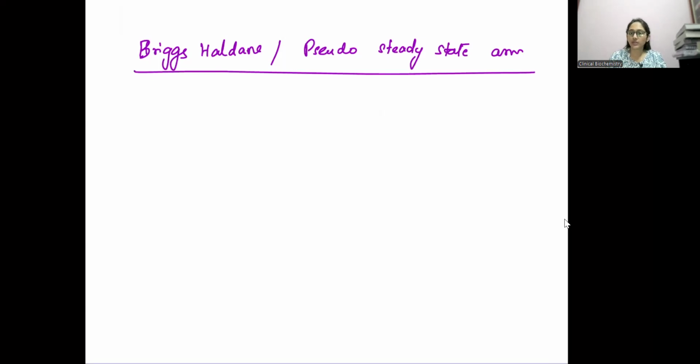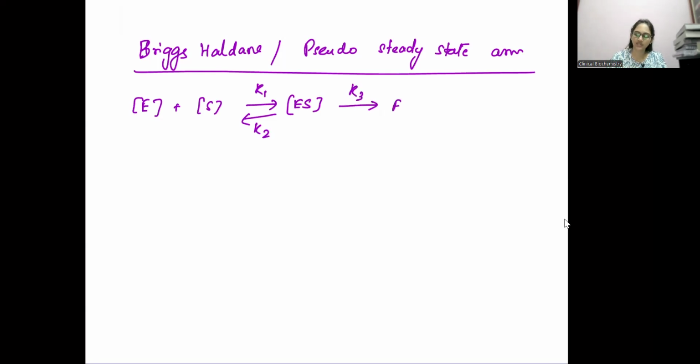What we saw earlier: enzyme plus substrate, forward reaction with rate constant K1, gives the enzyme substrate complex. The reverse reaction is K2. And this enzyme substrate complex breakdown is what gives us enzyme and product.